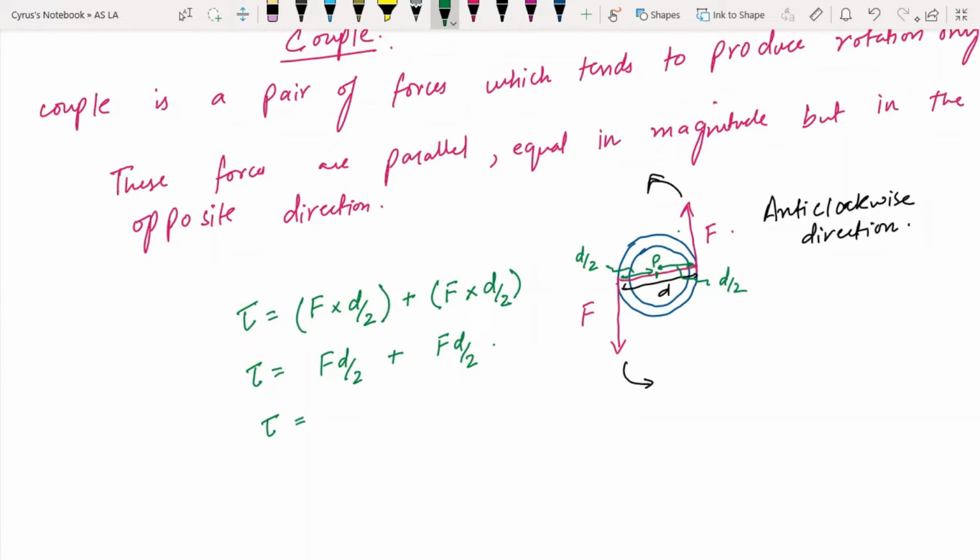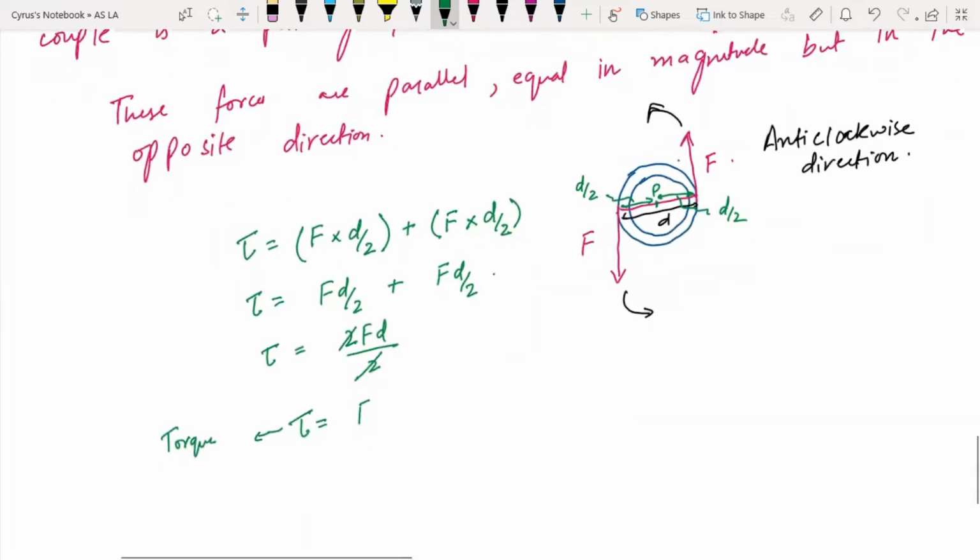So this becomes 2Fd by 2. इन दोनों को ऐड करेंगे 2Fd by 2 हो जाएगा, ये 2 2 से कट जाएगा और टॉर्क ऑफ कपल आ जाएगा. ये टॉर्क का साइन है, this is the torque. टॉर्क का सिंबल ये होता है, ठीक है, F into D.